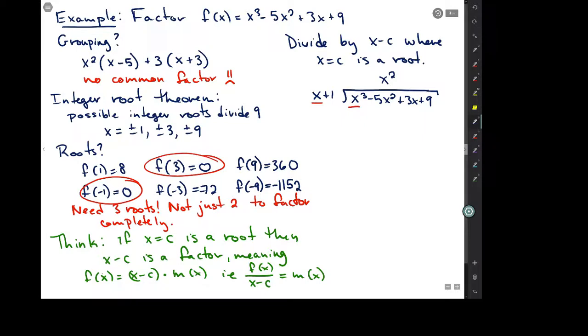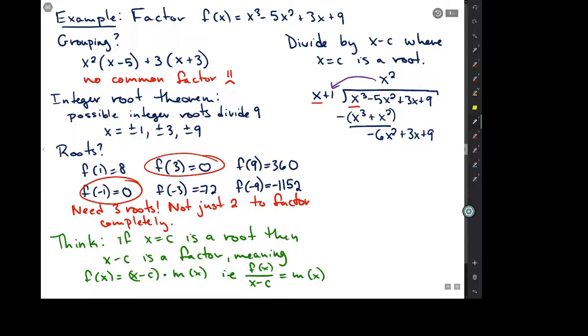And so then when I multiply x plus 1 by x squared, I end up getting x cubed plus x squared. And I subtract that whole thing off, and remember, distribute, I end up getting minus 6x squared, and then plus 3x plus 9.